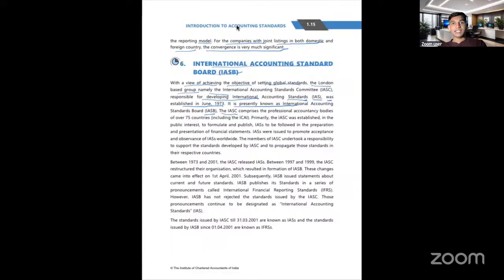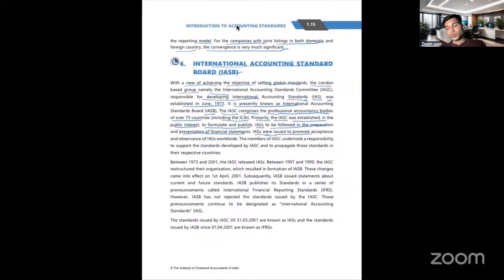The IASC comprises the professional accountancy bodies of over 75 countries, including the ICAI. Primarily, the IASC was established in the public interest to formulate and publish IAS to be followed in the preparation and presentation of financial statements.